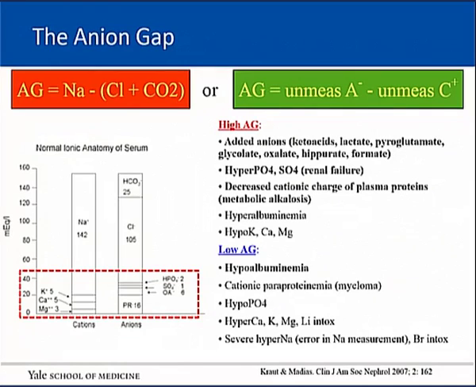And the magic number is that for every gram per dL below 4 for the albumin, you should add about 2.5 milliequivalents per liter to the anion gap. So a guy with an albumin of 2, for example, you should add 5 to the anion gap to make sure that you're not failing to pick up an elevated anion gap.